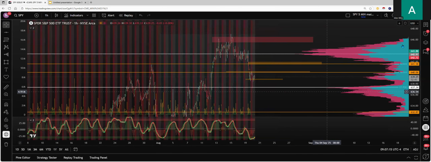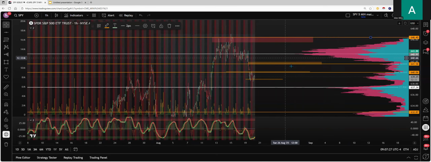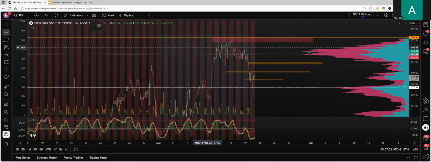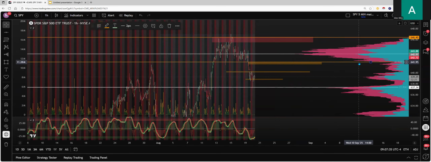And let's say recently we've been within this high volume node right here. So let's go ahead and mark the ranges. That's the high range. This is going to be the low of the range.